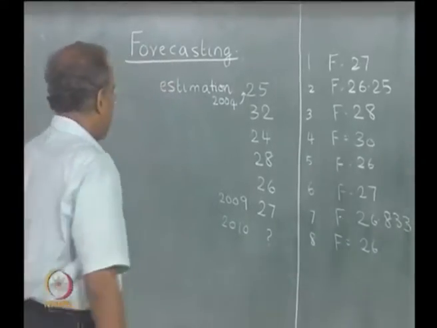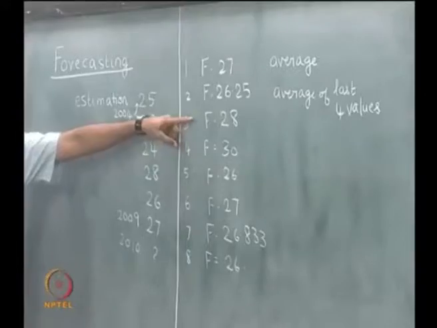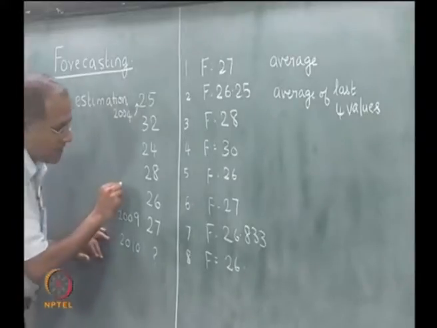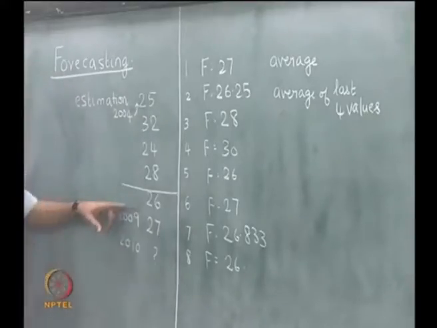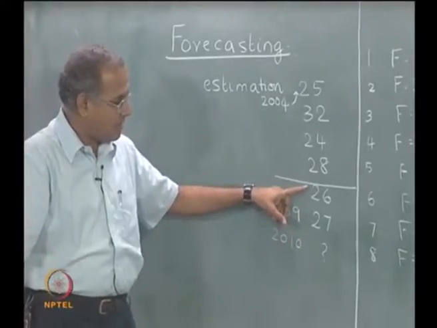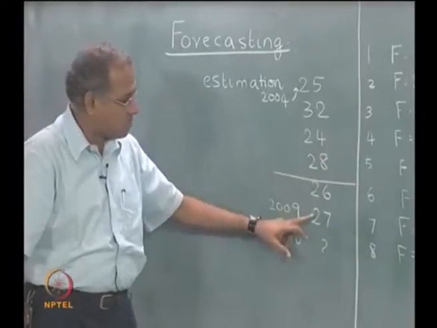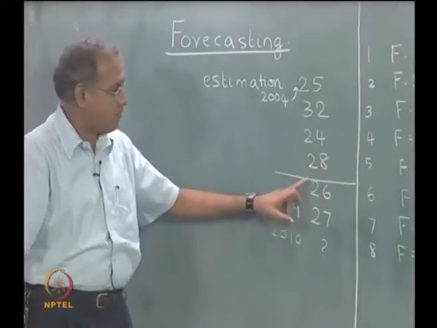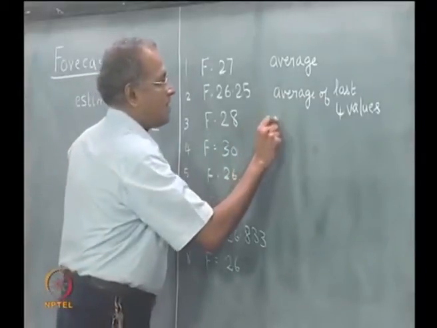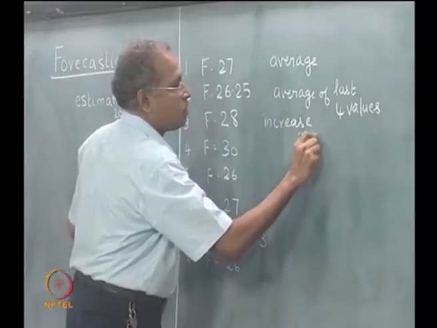No, the third student who said 28 looked at the last two values which happened to be 26 and 27, and believed that considering only the last two values, this seems to show an increase, and therefore gave a forecast of 28, which is an increase based on the last two values.